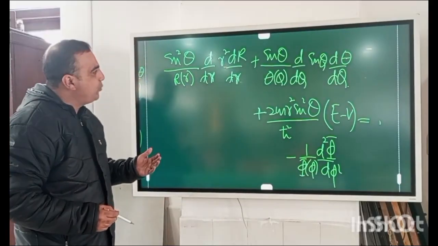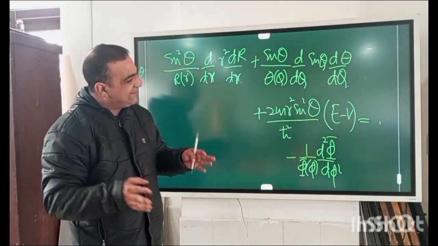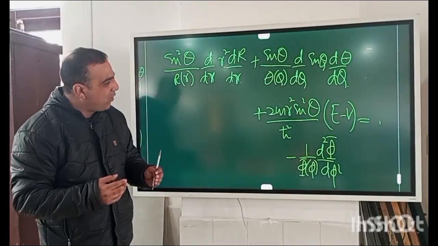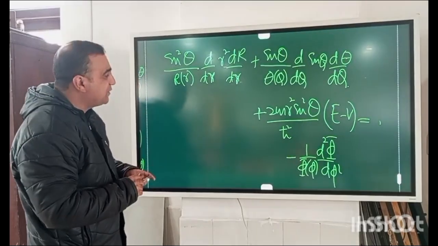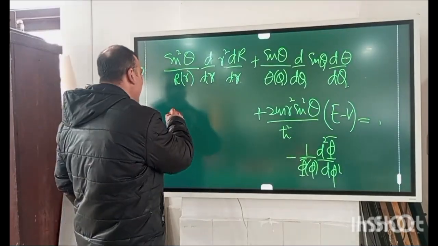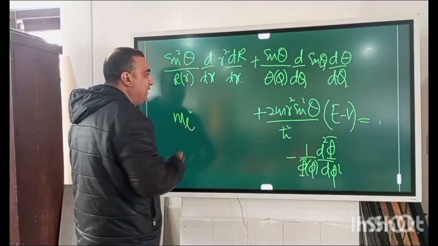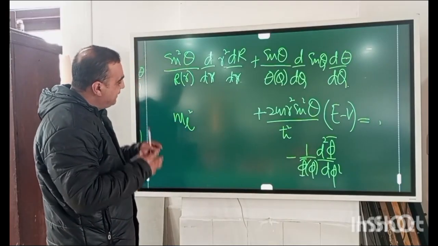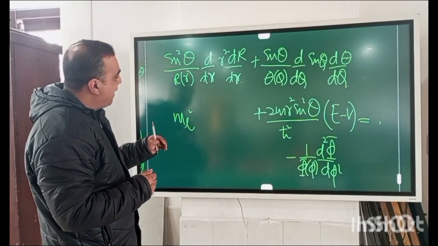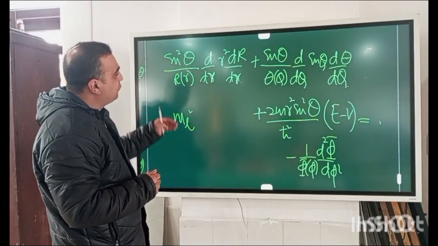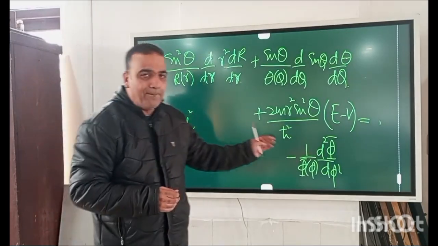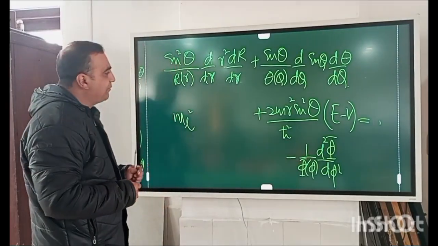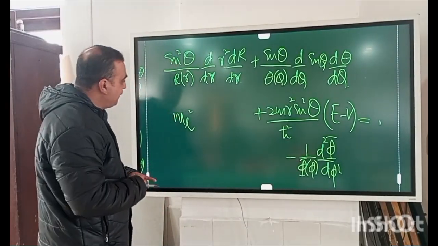I can make sense out of this equation only if I incorporate a constant. If I choose a constant like ml squared, assuming that ml squared equals the left hand side, then automatically ml squared must equal the right hand side too.